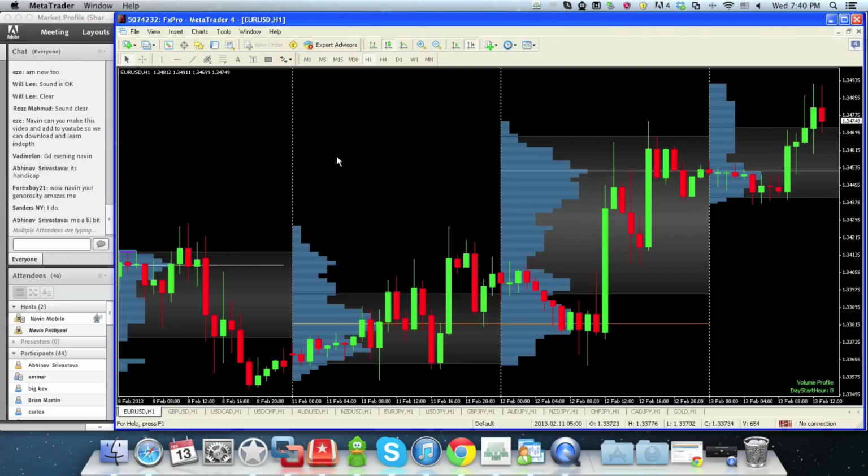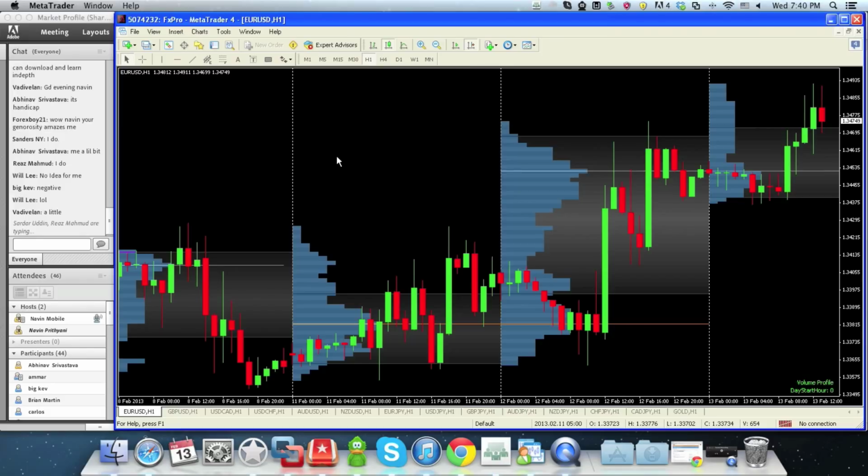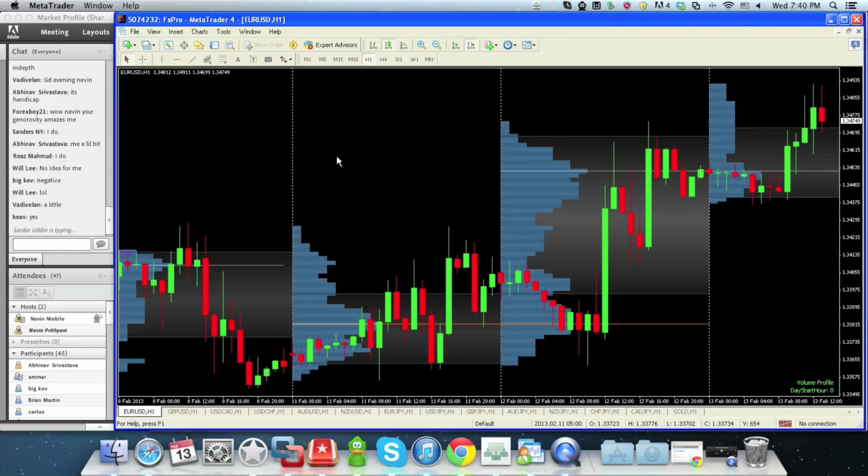Okay, we're going to go over this concept a little bit now. Divergence, convergence, confluence. This is something I've learned back in the day. This is called MP.